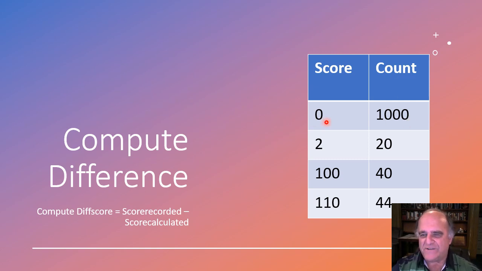We have a score of 0. But 20 times we had a score of 2, 40 times we had a score of 100, and 44 times we had a score of 110. Or let's call it a difference score. So these are good data. These are bad data. We need to go through and figure out what went wrong that we computed our score incorrectly.